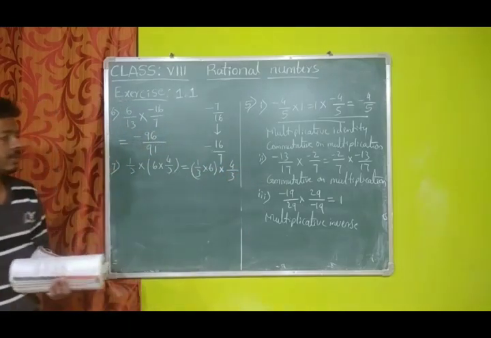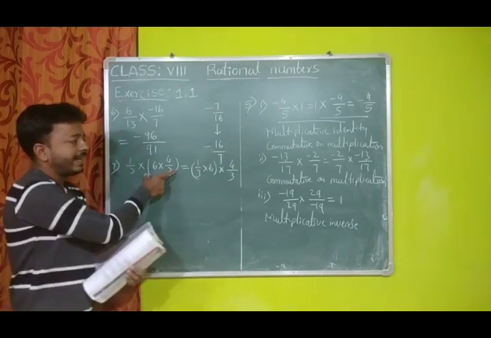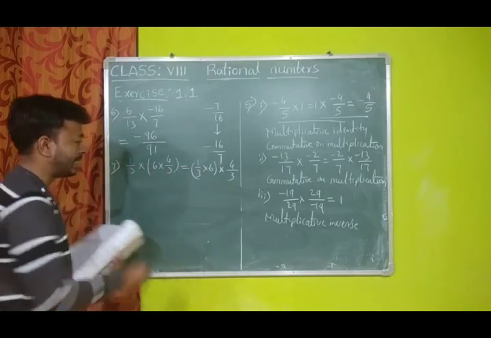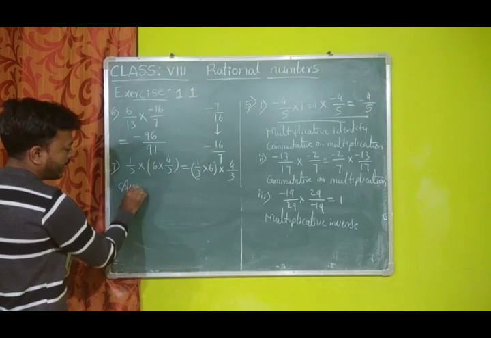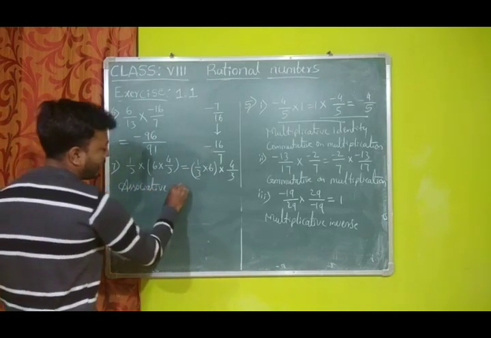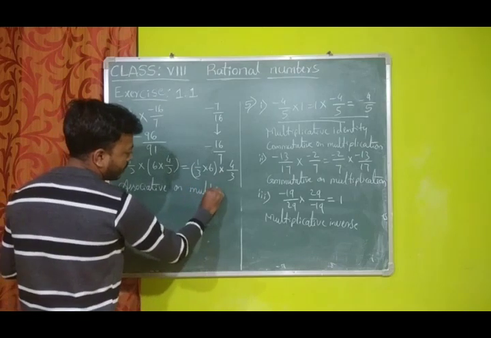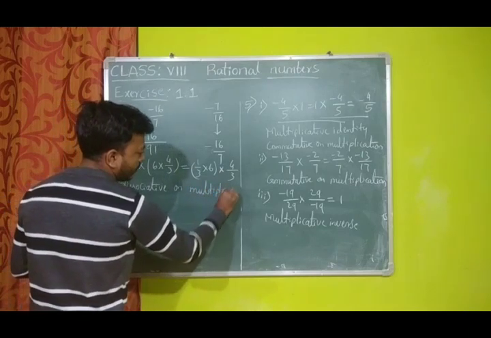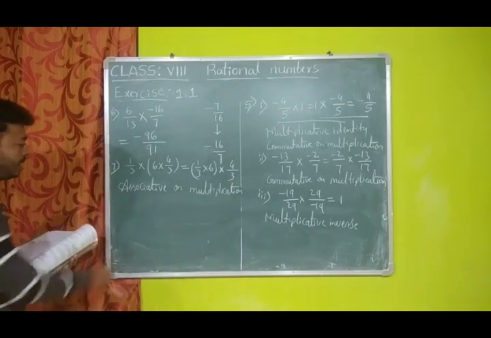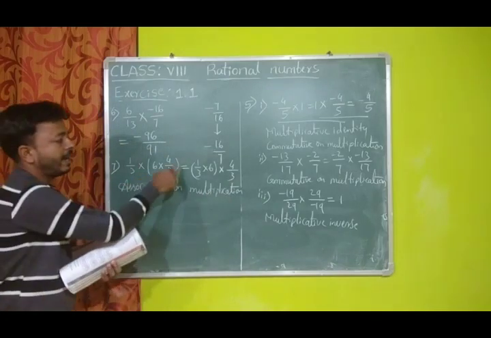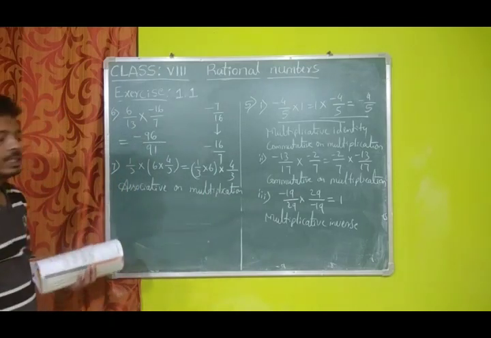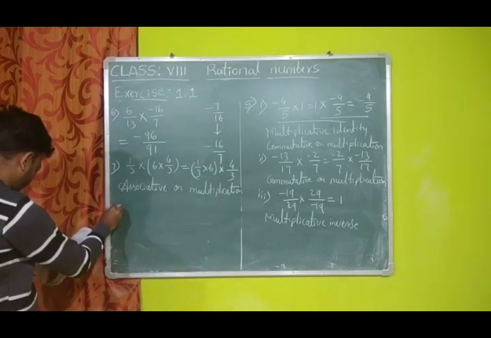Which property is it? Associative property on multiplication. Understood now? They just moved the bracket, the terms are in the same place. Associative on multiplication.